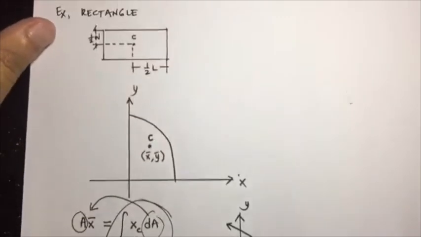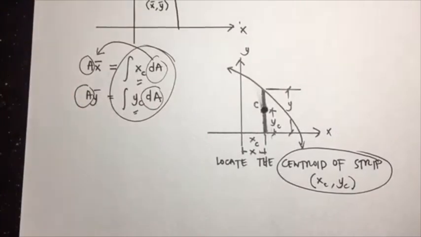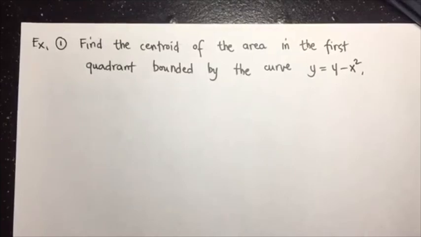To understand that further, let's have some examples. For our first example, find the centroid of the area in the first quadrant bounded by the curve y is equal to 4 minus x squared.